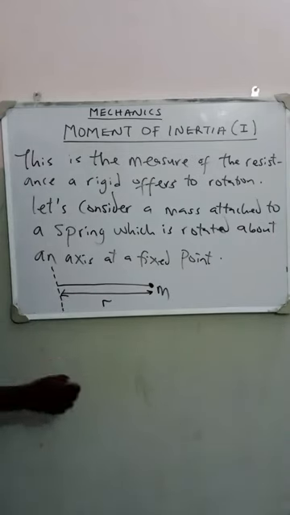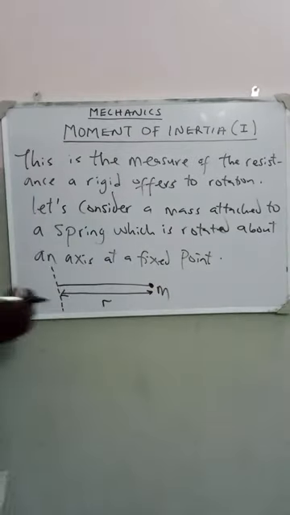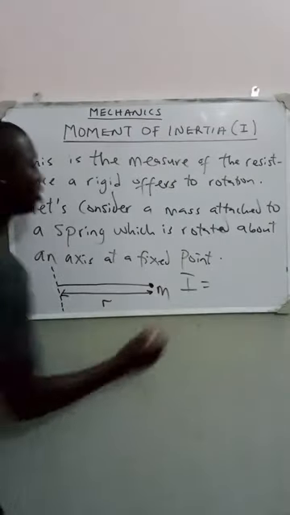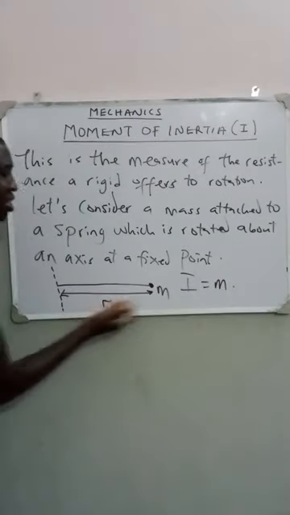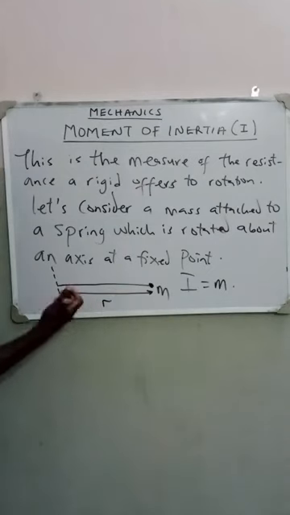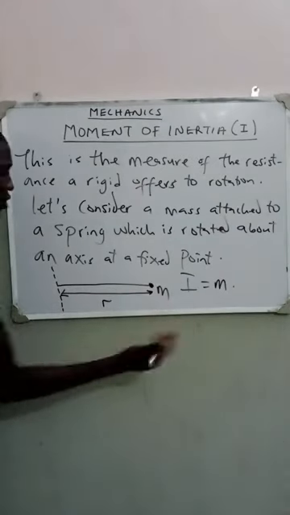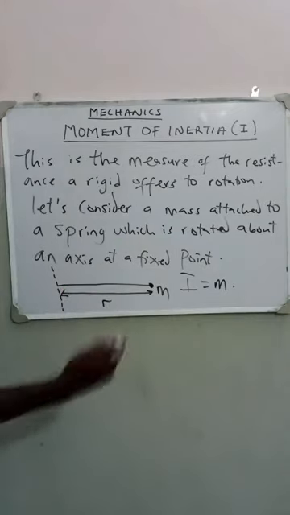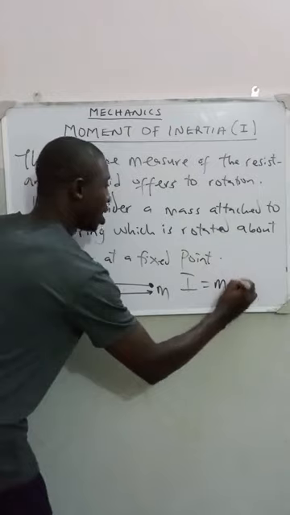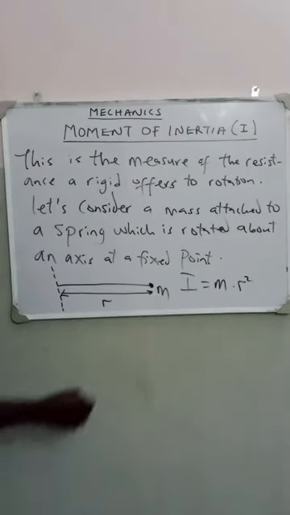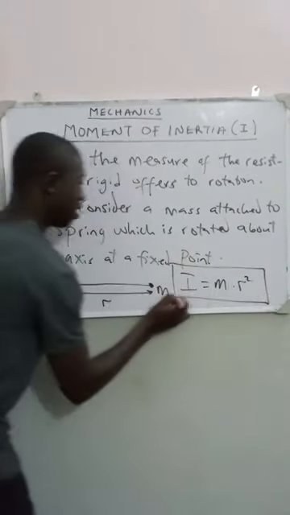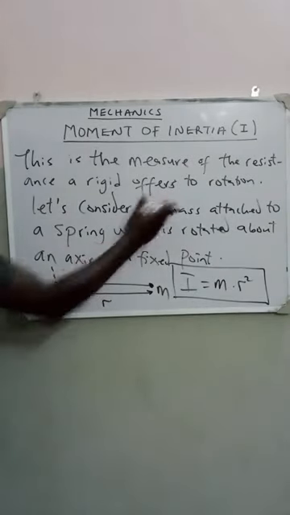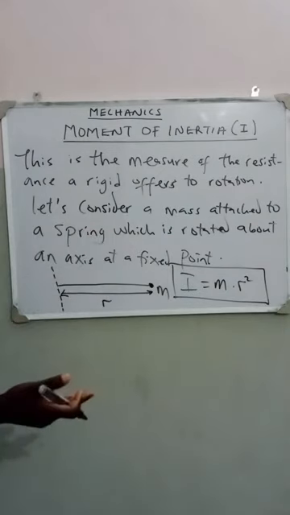So in the real sense, it simply means that for me to calculate the moment of inertia I, it is simply the product of the mass and the distance it covers from the axis of rotation, multiplying R squared. So this denotes the formula for calculating moment of inertia of a mass that is attached to a spring.